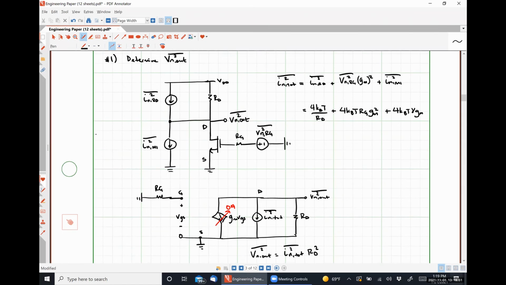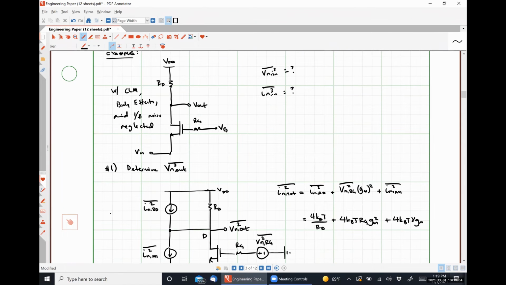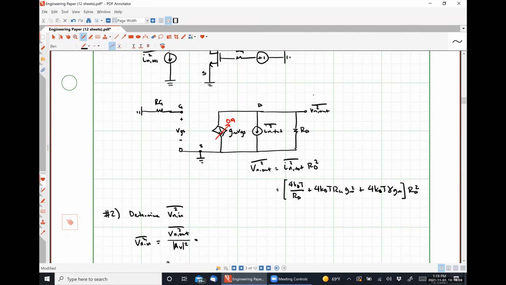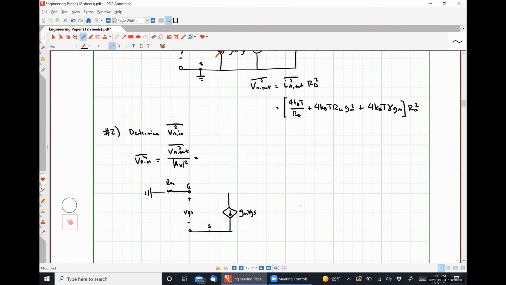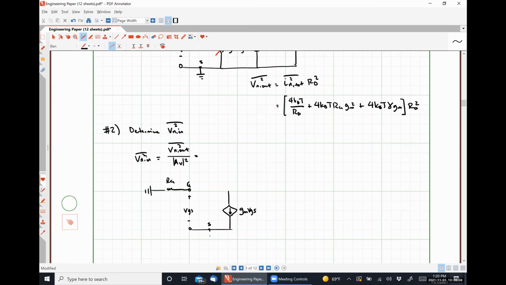Because if we scroll up here, way back to our original circuit, the source terminal is where we're applying our input signal. So my input signal still needs to be applied at the source. So here's where Vn is, and my resistor RD is placed between the drain and the ground. I'm trying to find this voltage, V out.